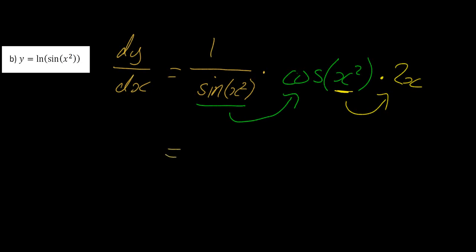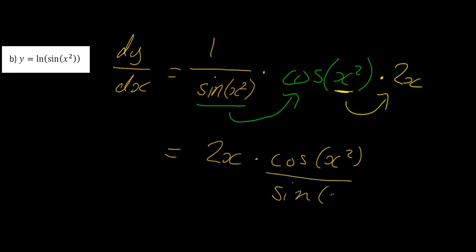Okay. And from here, when you want to simplify, 2x times cosine x squared over sine x squared.